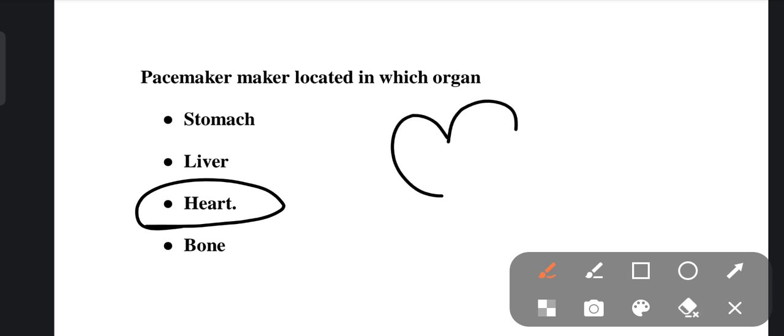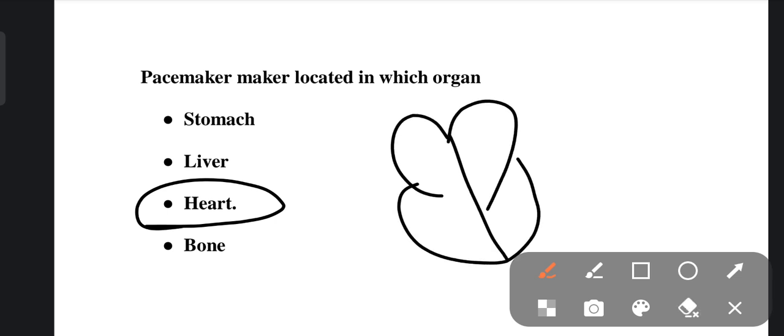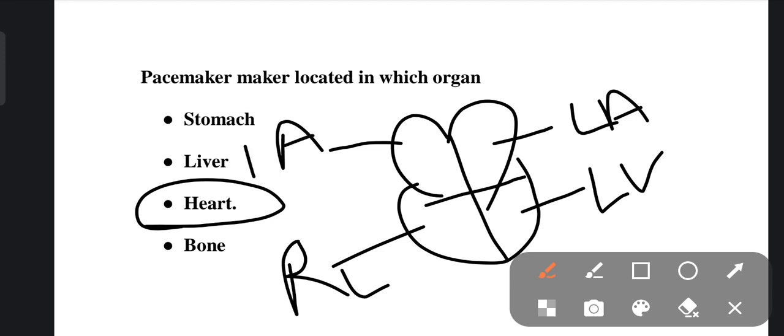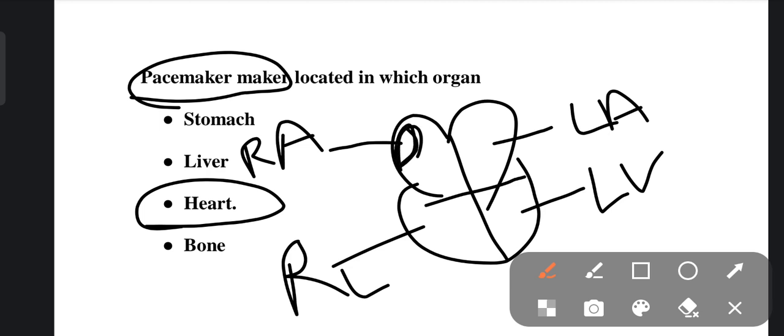So if you think it is a heart, there are four chambers. This is the left atrium, this is the left ventricle, this is the right ventricle, and this is the right atrium. The pacemaker, the SA node, is present in the right atrium.